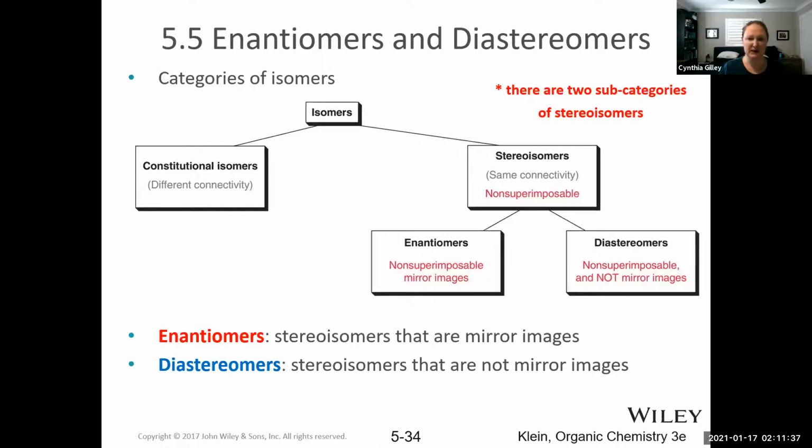So they are stereoisomers, but they do not have the same 3D arrangements in space. And specifically, the two structures are non-superimposable mirror images, which makes them in the classification of enantiomers. If the two structures are not related as mirror images, then they are grouped into the diastereomer category.